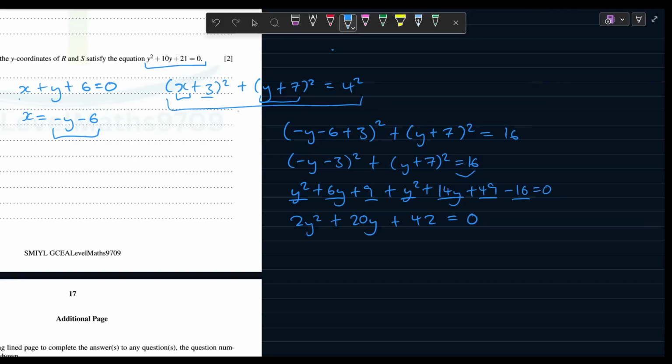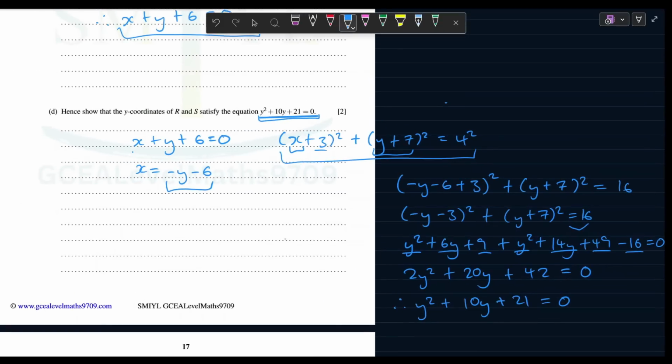And now hopefully you can tell, if we divide through by 2, we should get what they want. So divide through by 2, you get y squared plus 10y plus 21 is equal to 0. And we have shown that the y coordinates of R and S do in fact satisfy this equation.